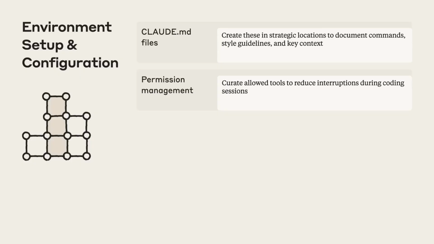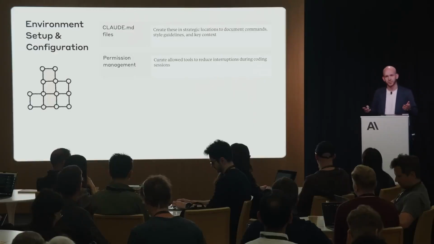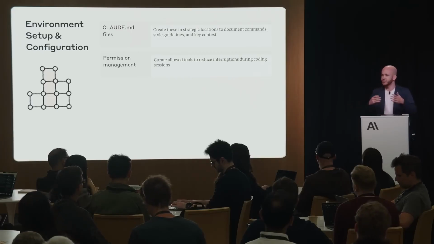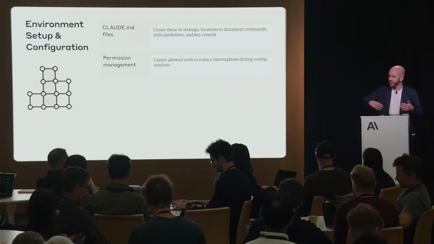The other important thing you can do is permission management. When you're running Claude Code, there are all sorts of permission prompts flying by. Out of the box, for read actions, if Claude is searching or reading, we just let it go.